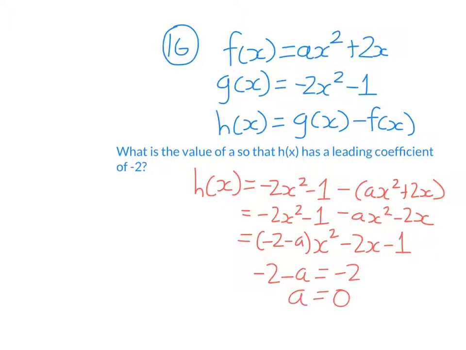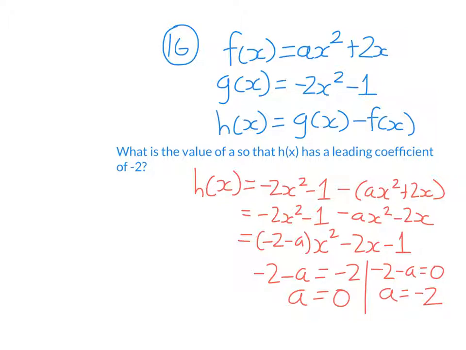If a was 0, then the coefficient of x squared would be -2. However, there's another possibility: that the leading term is this one here. That would mean the coefficient of x squared would be 0. So I can also have -2 - a equal to 0, and that means a is equal to -2. So either of these works.